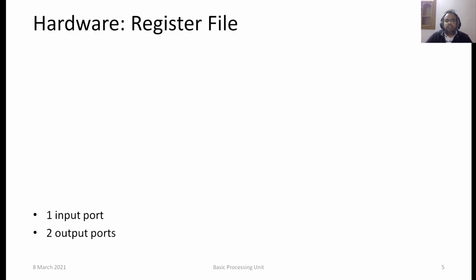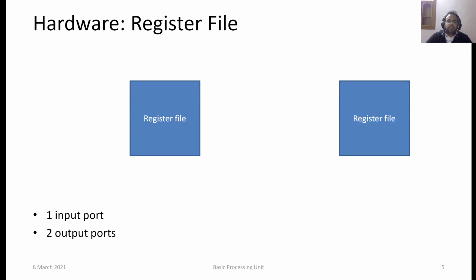Now if we want to understand how a register file would handle 1 input port and 2 output ports, one implementation can be, let's assume there are 2 register files, both completely in sync. It means that the same data will be available in both of them, and one of them will supply us with the data RS1 and the other would consume address RS2 and give the data RS2.